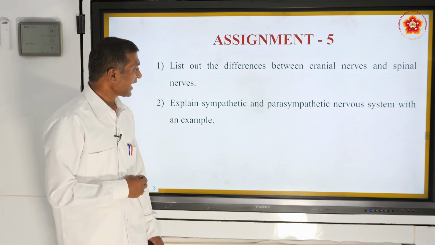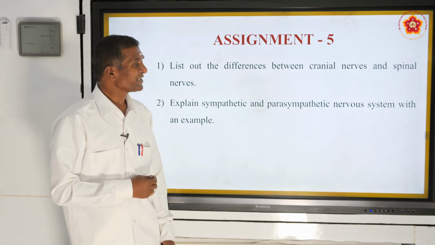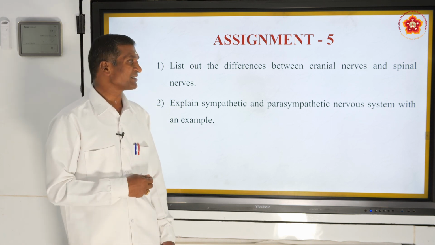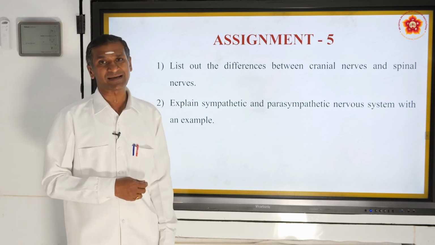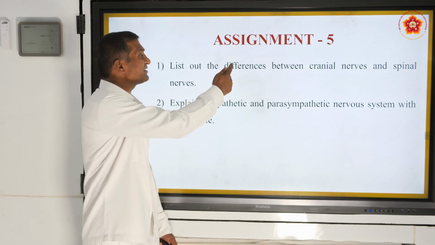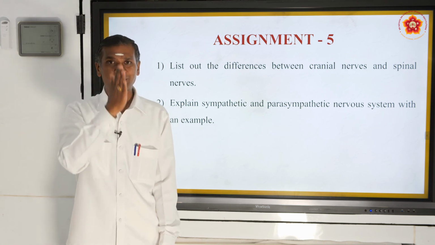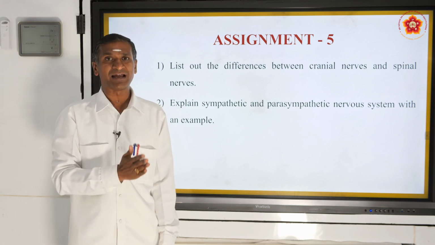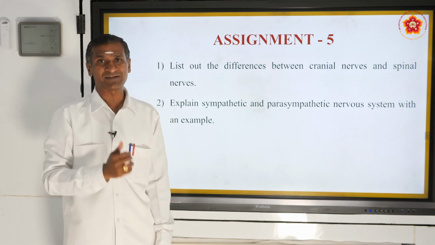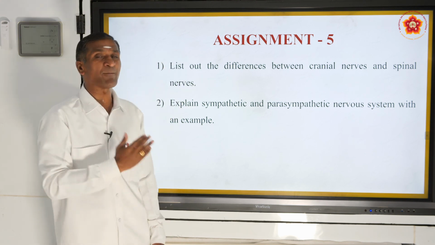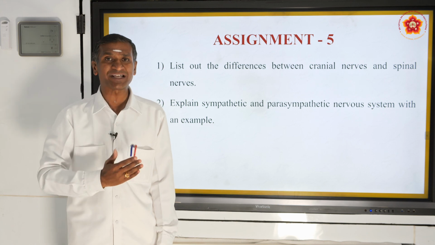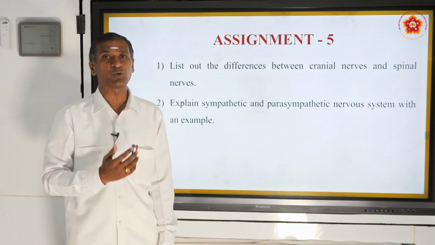Second question: explain the sympathetic and parasympathetic nervous system with an example. Whenever you write the differences, try to divide by putting a column in the middle and writing cranial nerve and spinal nerve separately. From the exam point of view, your presentation of the answer fetches more marks.